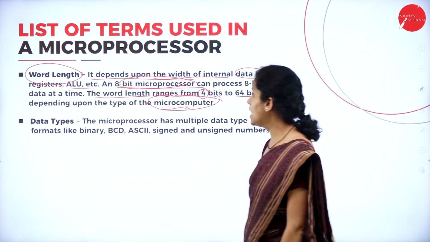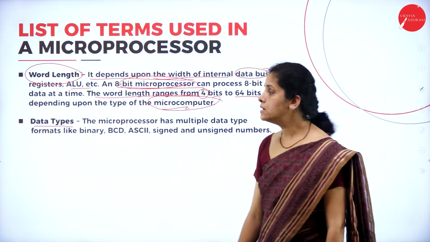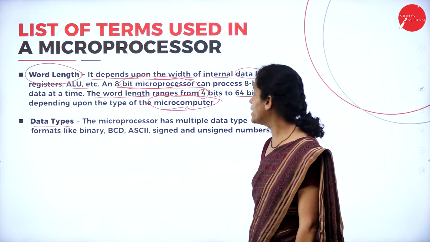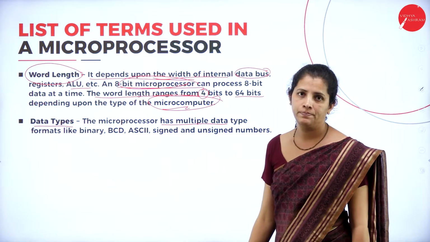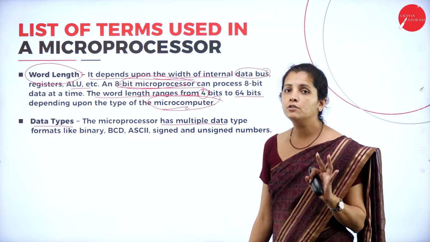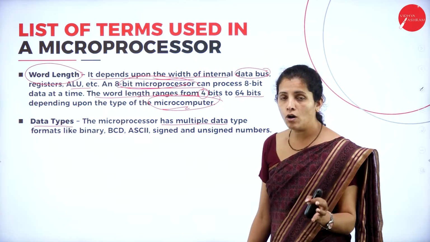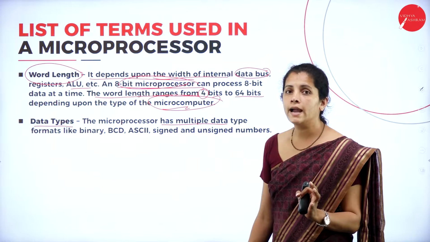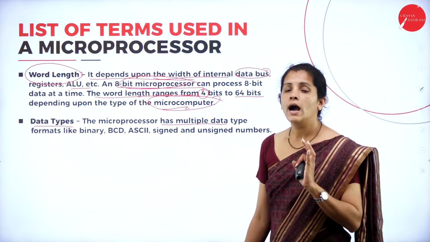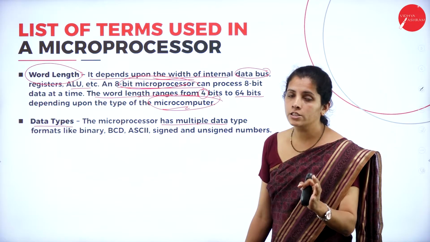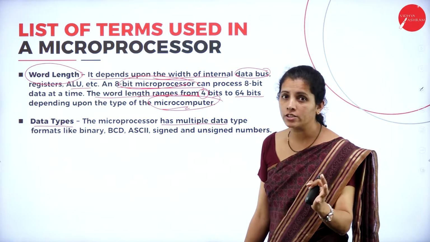So the word length varies depending on the microcomputer. Then I'm going to have data types. The microcomputer or microprocessor has multiple data types. So here it is not like C programming data types, because the computer understands only machine instructions, and I have to provide the instructions to the computer in the form of machine language.